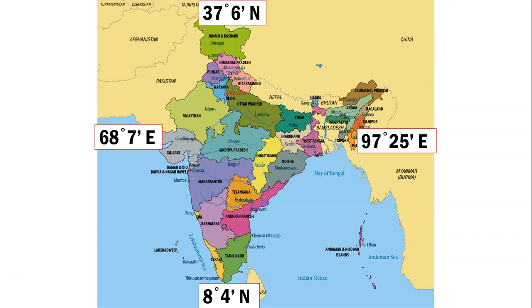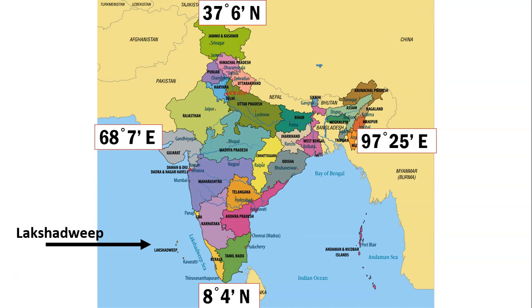As you can see through this picture, I've shown you the lines of latitudes and longitudes. From the bottom of India, the latitude is at 8 degrees 4 minutes north, and the top is at 37 degrees 6 minutes north. Those are the latitudes, and to the east, it's 68 degrees 7 minutes east, 97 degrees 25 minutes east. Those are the longitudes.